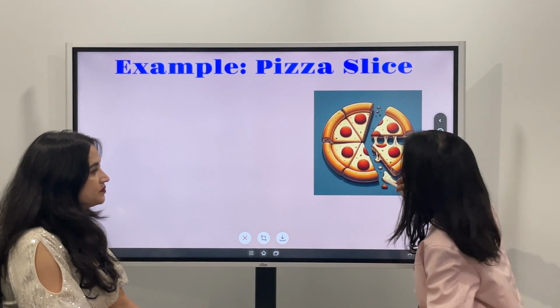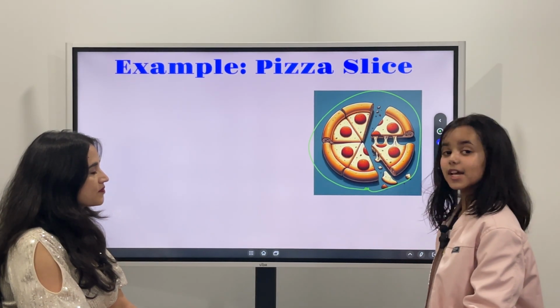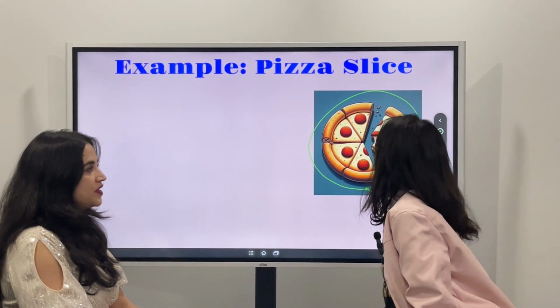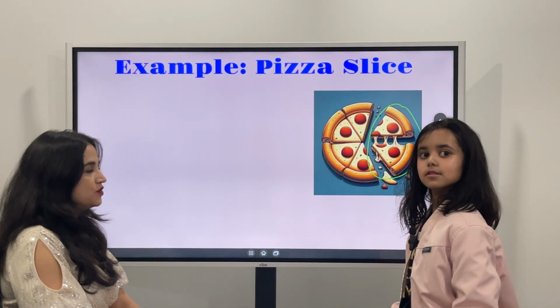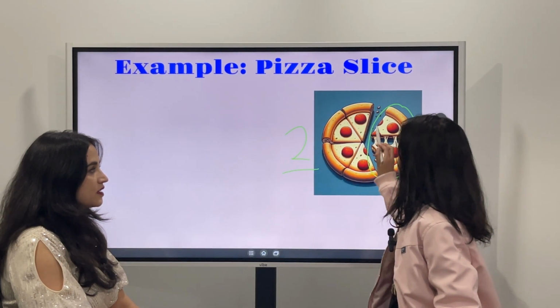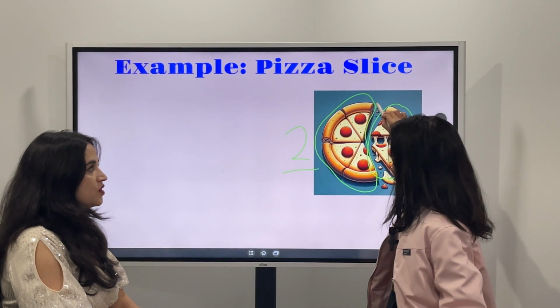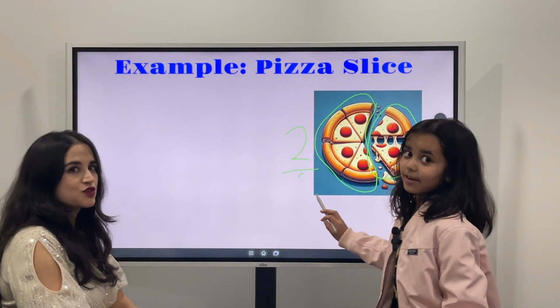So let's see what this one is. What is this number? Looks like 6. That's right. And then how much is here? 2. Good. Then how much is here? 4. But you can't write 4 because the total is 6.